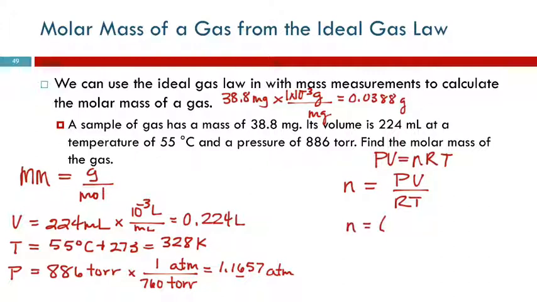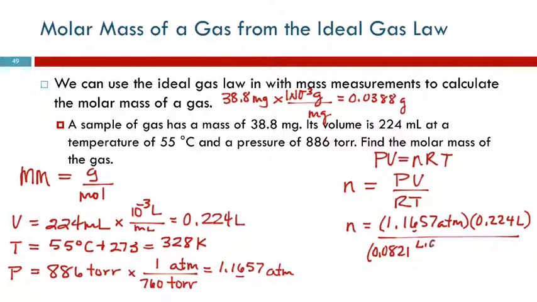So n is the pressure, 1.1657 atmospheres, times the volume, 0.224 liters, divided by R, 0.0821 liter atmospheres per mole Kelvin. And the other thing down there is the temperature, 328 Kelvin.